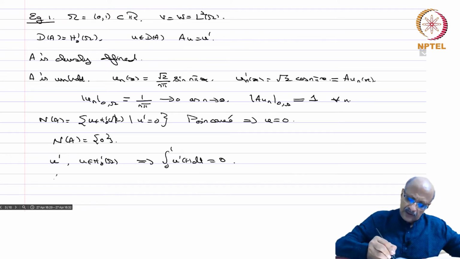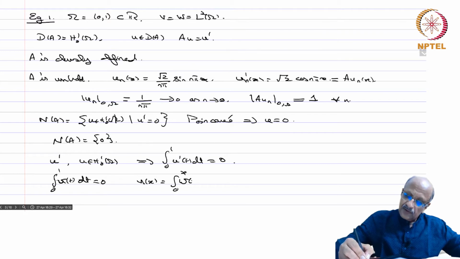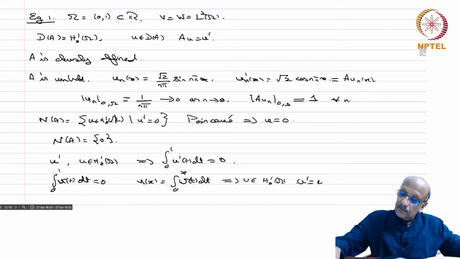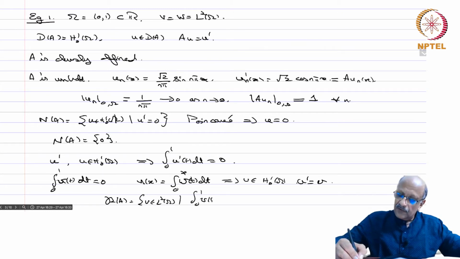Conversely, if the integral of v(t) dt equals 0, then you define u of x as the integral from 0 to x of v(t) dt, then this implies that u is in H1 0 of omega and u' equals v. Therefore the range of A is the set of all v in L2 of omega such that the integral from 0 to 1 of v(t) dt equals 0.